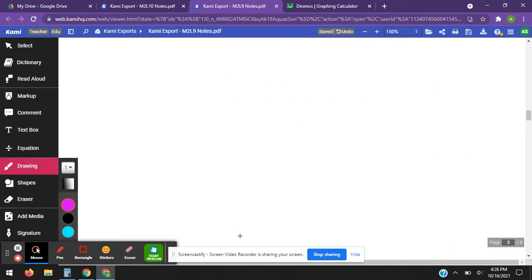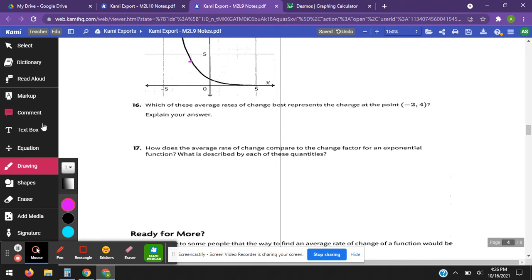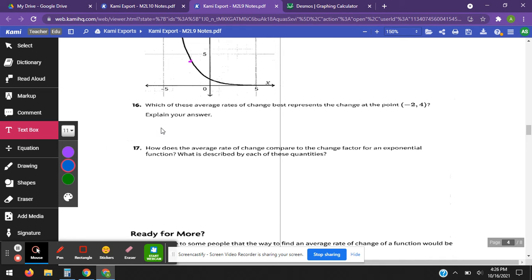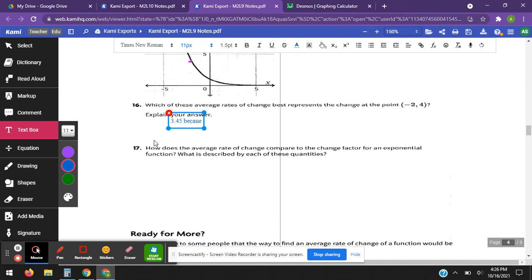So that would make 3.45 our best guess in this case, because that line is the closest to approximating the curve of this interval.